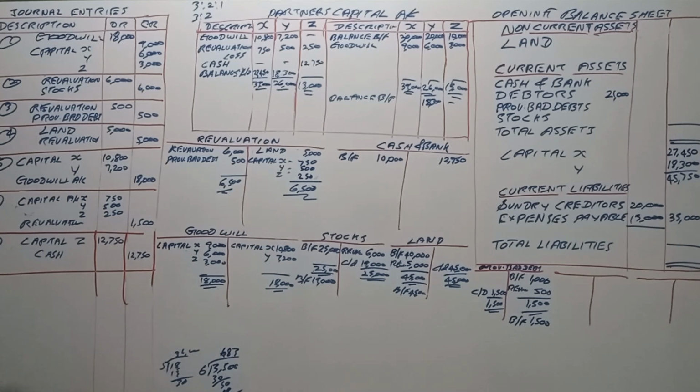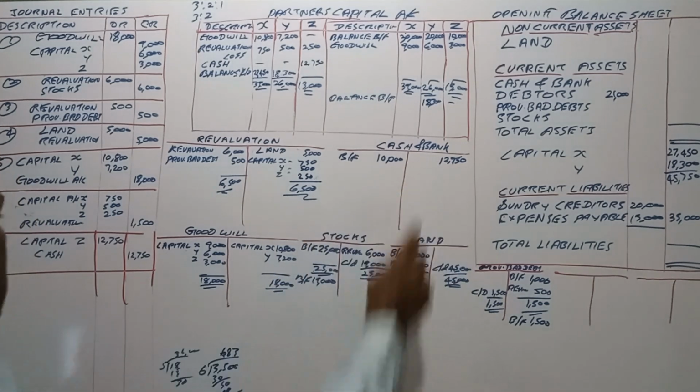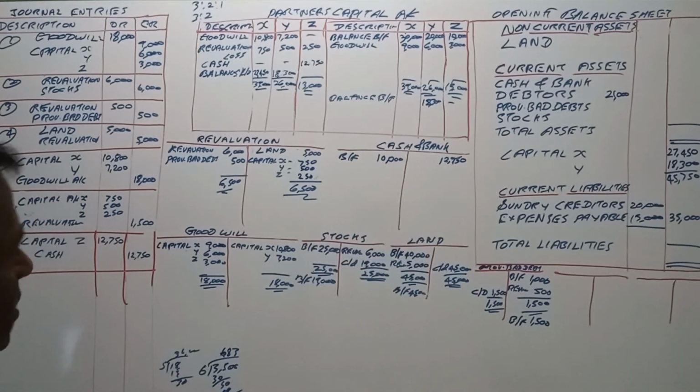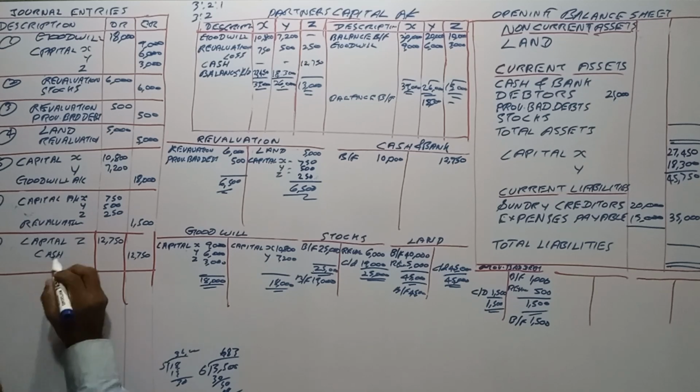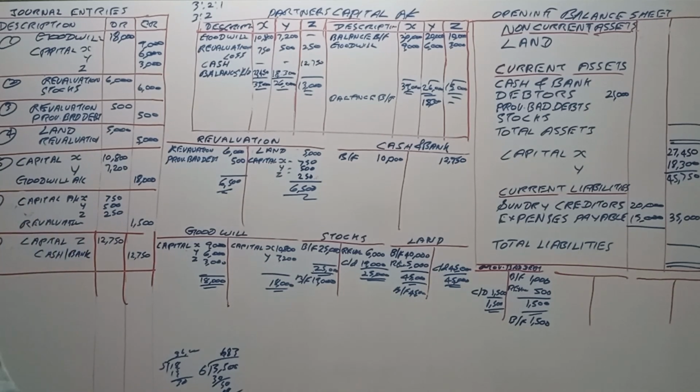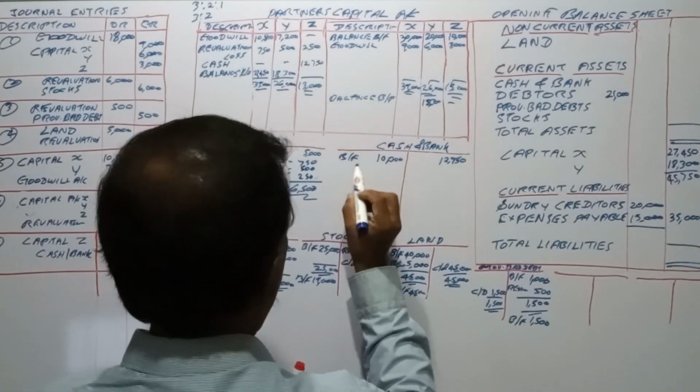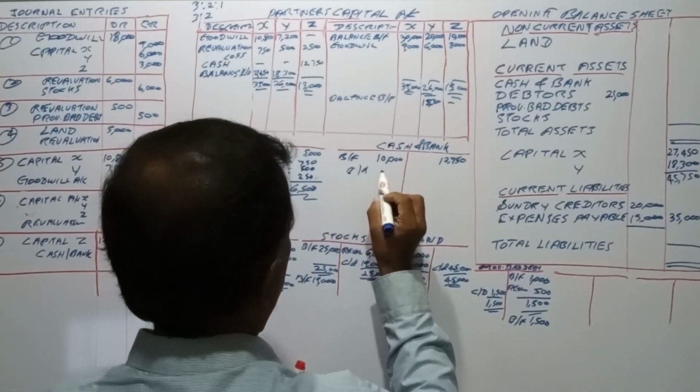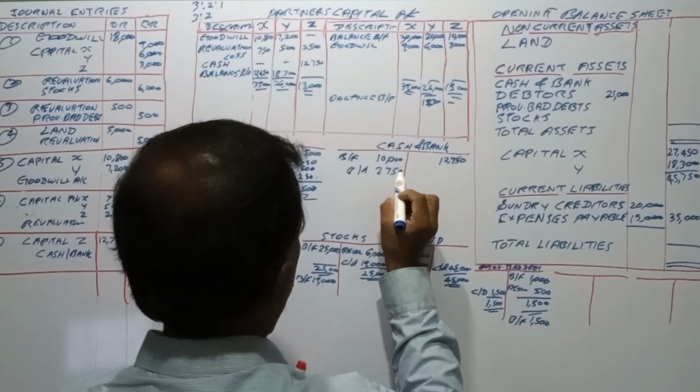What is the narration? Being Z's capital dues had been settled by cash. Cash or bank, 12,750.